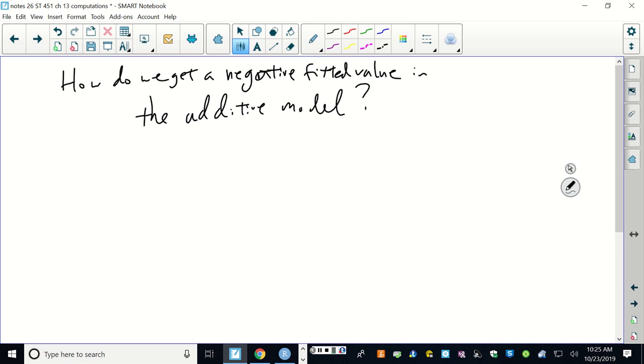So what's a prediction? There's a beta 0 hat, plus there's the effect of a particular treatment, so IJK, plus the block effect.